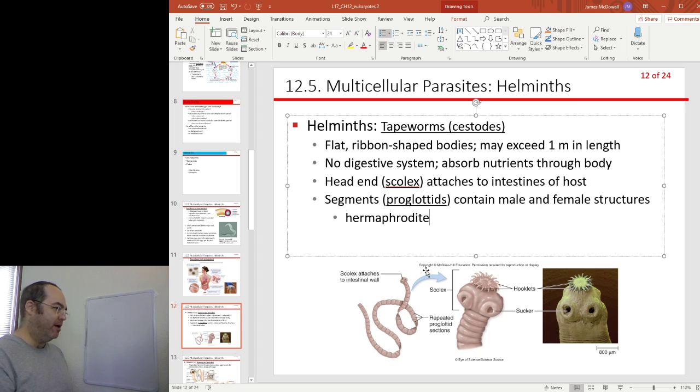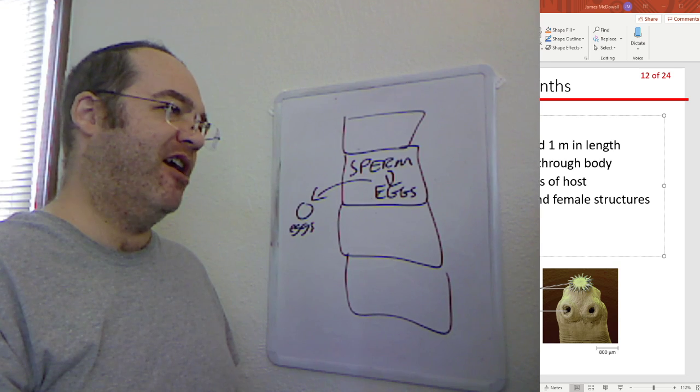So in each one of these proglottid segments, the worm can produce sperm, the worm can produce eggs, and it can fertilize its own eggs with its own sperm. It'll fertilize the eggs and sperm, and eggs will be expelled into the environment.